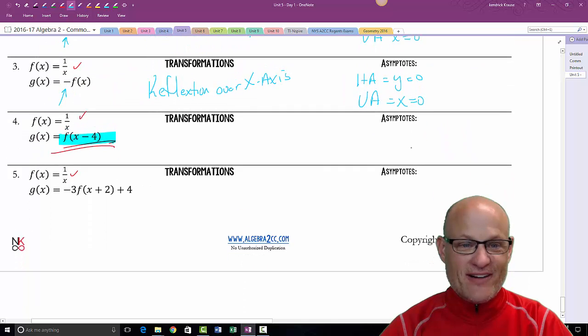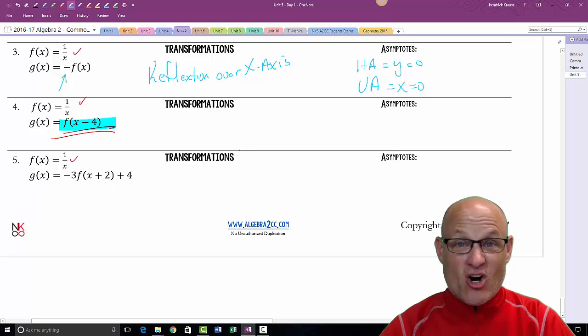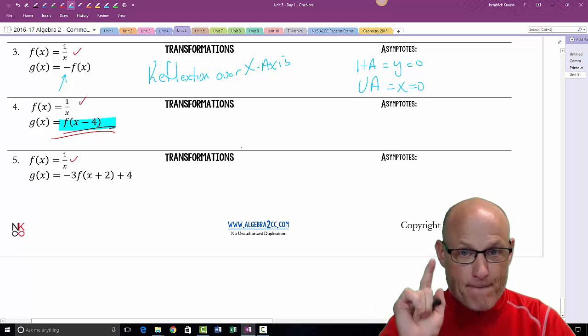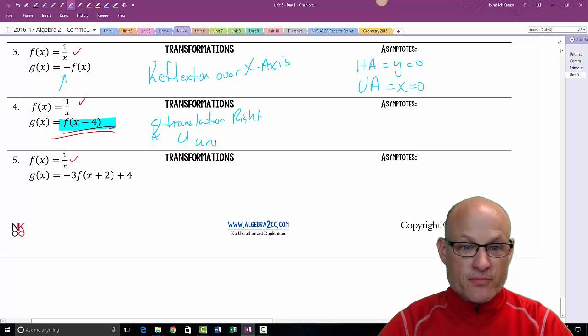Almost done. This time I'm adding on the inside. When you add on the inside, that's a shift left or right, backwards. So in this case, we're going right. Translation right 4 units.